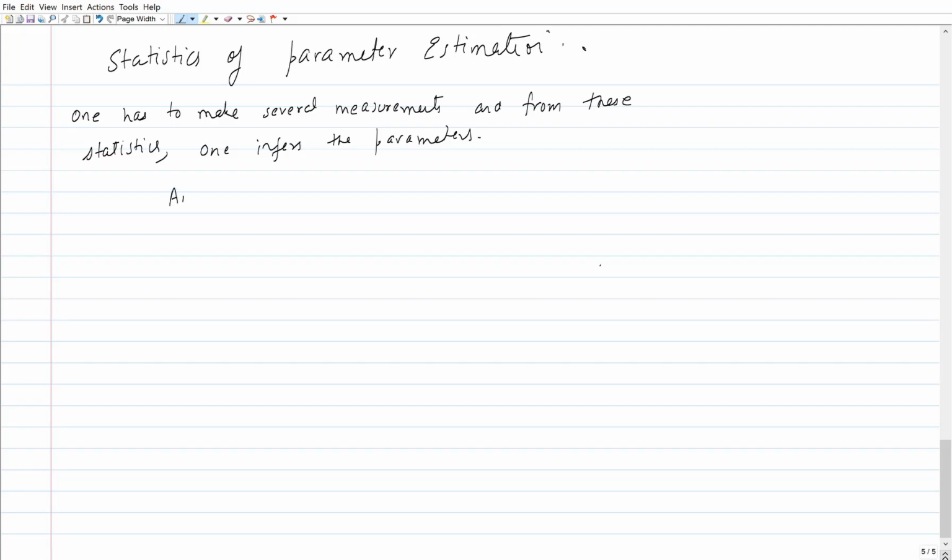So really, in the parlance of statistical estimation, an estimator, mathematically, it's just a function.